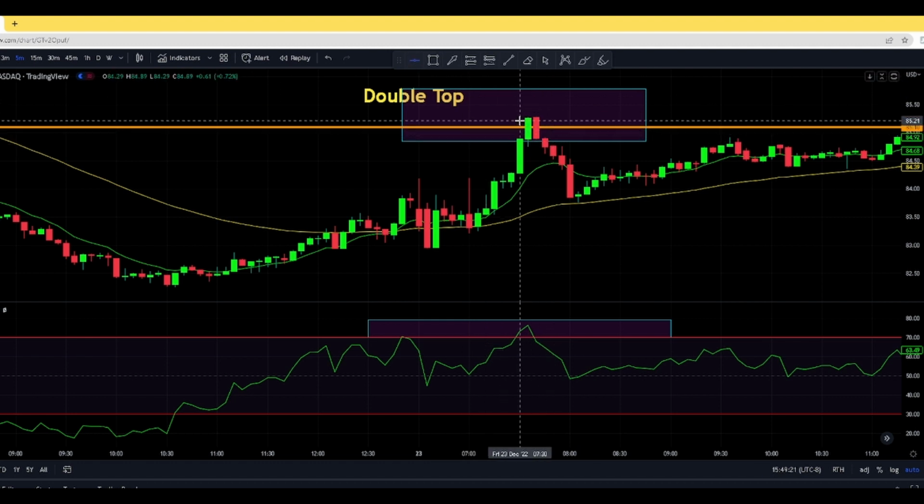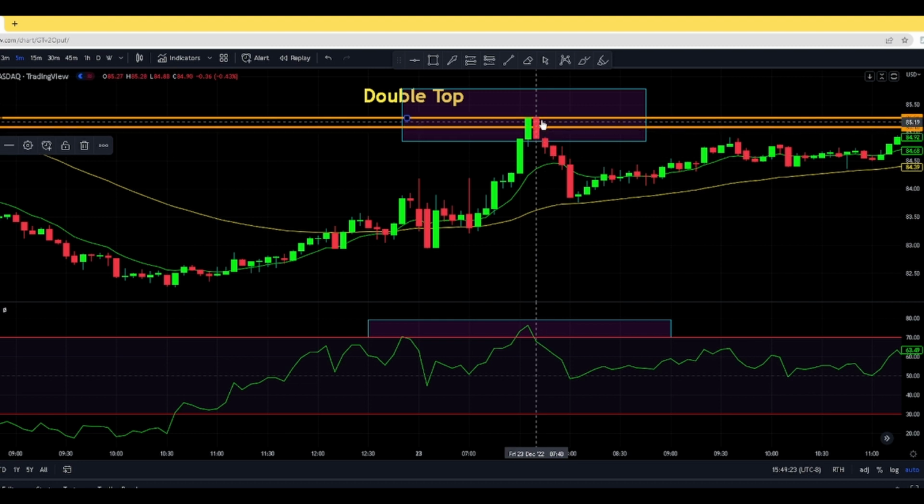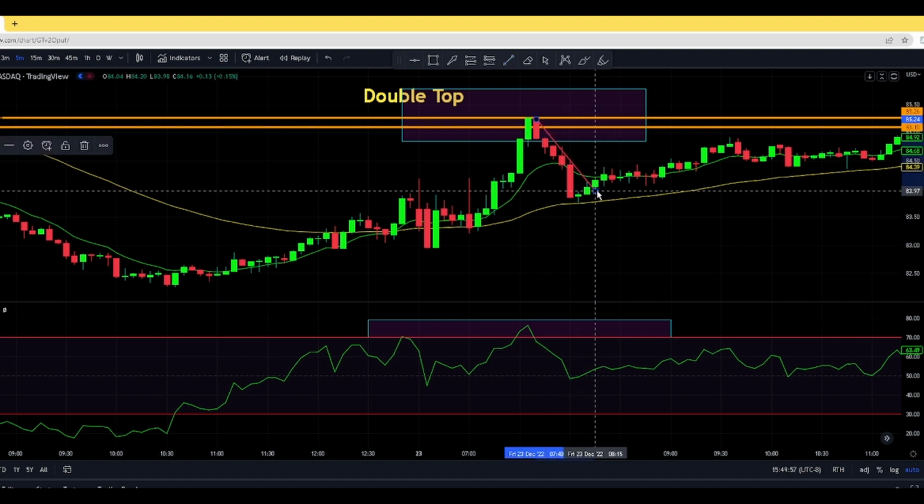Our stop loss is right here. Now look at how much we are risking. Literally, in a stock like Amazon, which is $85, if you took that trade here, the difference from 85.15 to 85.25, basically you are risking 10 cents, and look at how much you could play this if you got in.